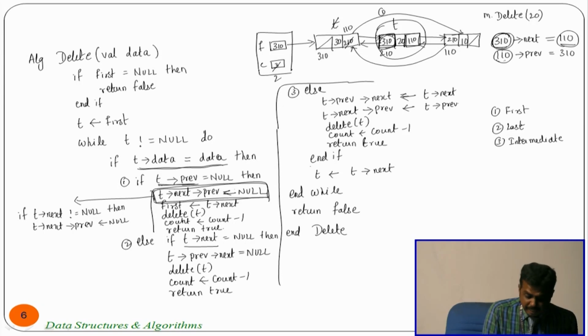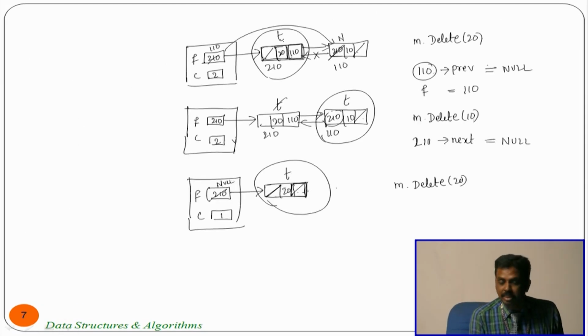T of next is null, so by default it will be assigned null.